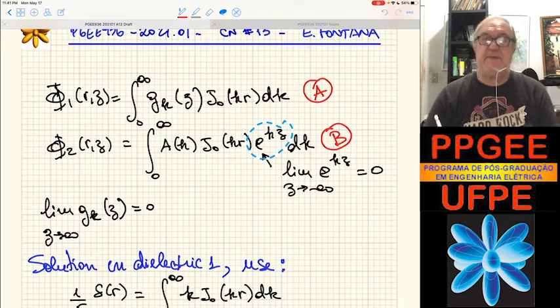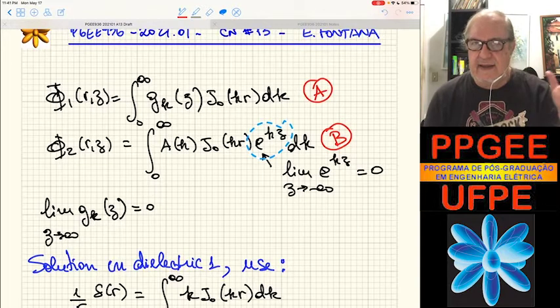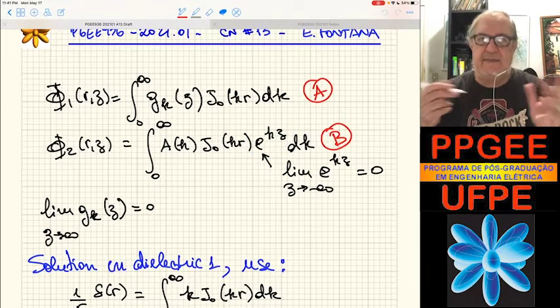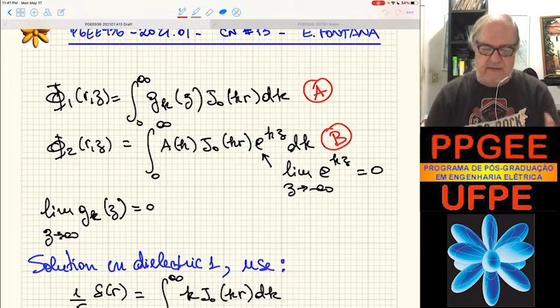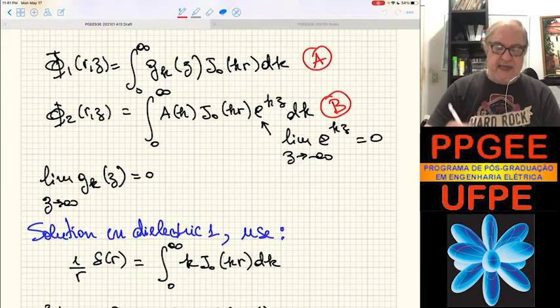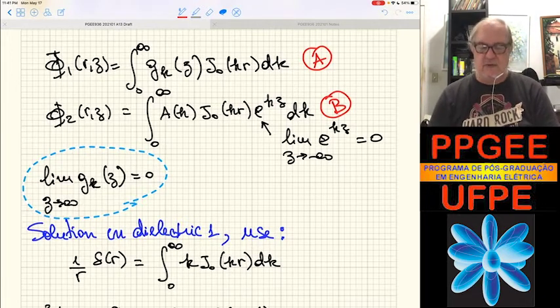So I use just the exponential that doesn't blow up as z goes to minus infinity. It is a combination of exponentials, plus or minus kz, but the minus kz blows up, so I just use the plus kz. Also, g_k has to go to 0 as z goes to infinity.